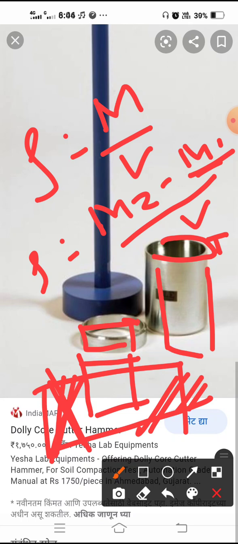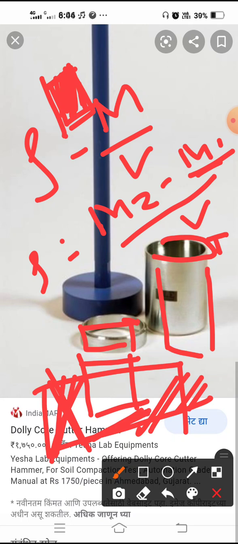Then we place some small paper below this core cutter, and then trim the core cutter. So, this is our core cutter. By removing the core cutter, in between in the core cutter all the soil sample is there.